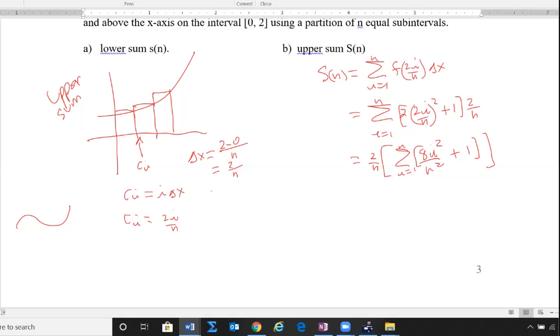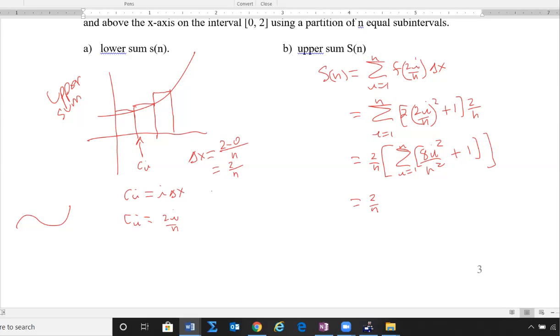Okay, and that we can break into two pieces. We'll have this first one, and I can pull out that 8 over n squared for the first one. And the second one is just going to be the summation of 1.